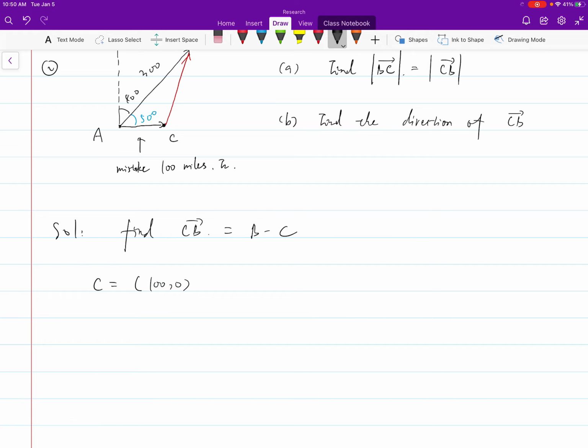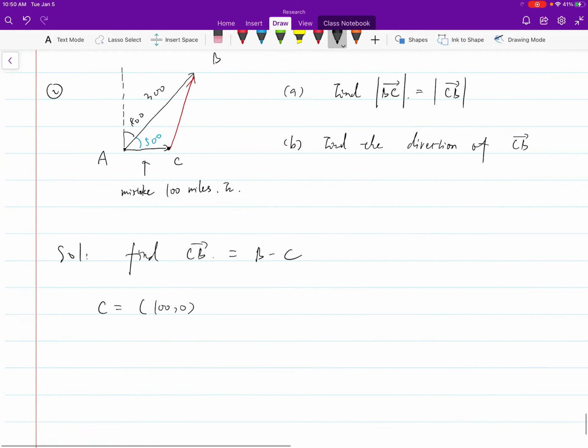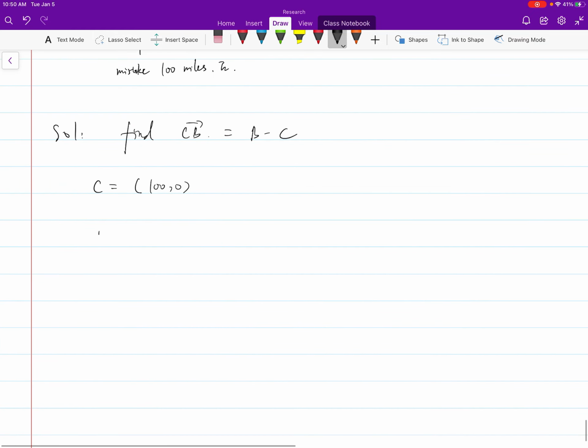Now what is C? C is easy. C is 100, 0. You go to east for 100 miles. Great. B? Well, let's do the math. B is here. What we know is this is 300 and this is 50.